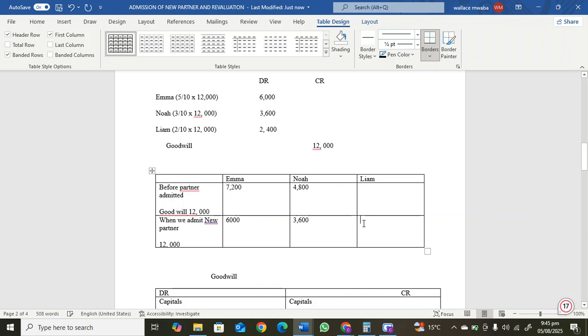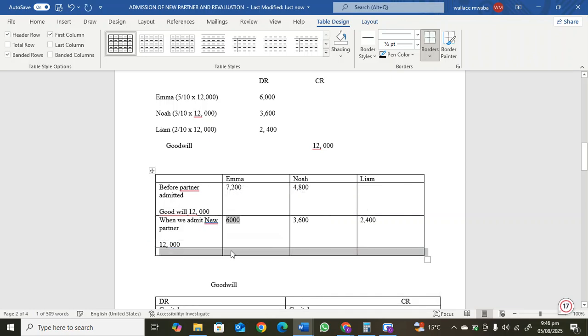Liam 2,400. So you compare the accounts. Emma was initially entitled to 7,200. Liam has come in, so she's now entitled to 6,000. So she's made a loss of 7,200 minus 6,000, 1,200. This needs to be compensated.